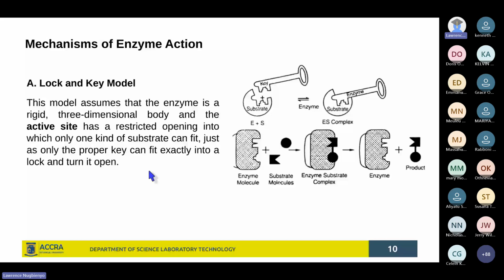postulated was that of the lock and key model, which assumes that the enzyme and a substrate behave like the lock and the key, such that the active center of an enzyme is shaped such that it fits perfectly with a particular substrate.